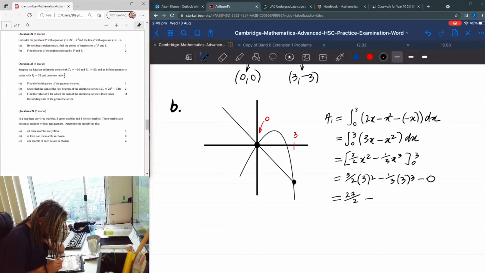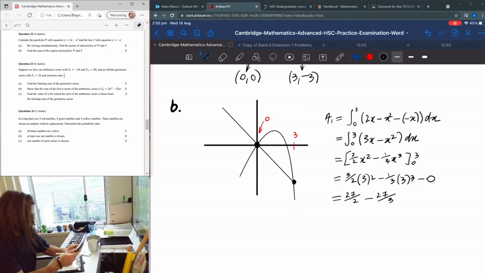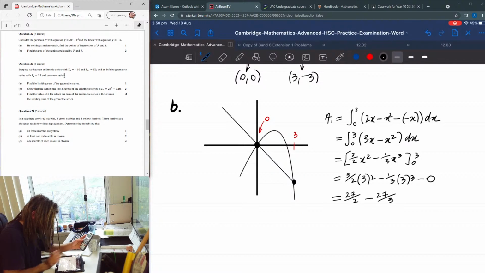Minus now 3 cubed, that's 27 on 3. Okay, that's just 9. Well, 27 on 2 minus 27 on 3 is 9 on 2.